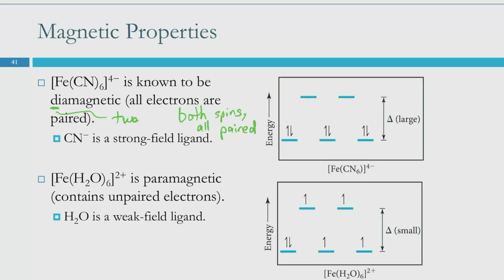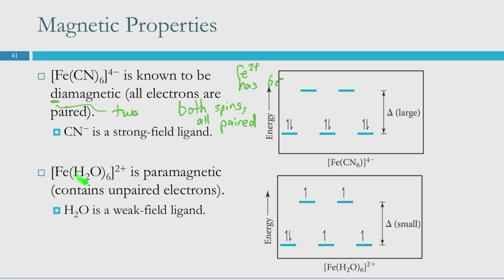You could also just memorize that diamagnetic is where all the electrons are paired. And this is because the iron 2 plus has 6 electrons. So Fe2+ has 6 electrons, and the way that they go in because of that large splitting energy is that they all pair up.